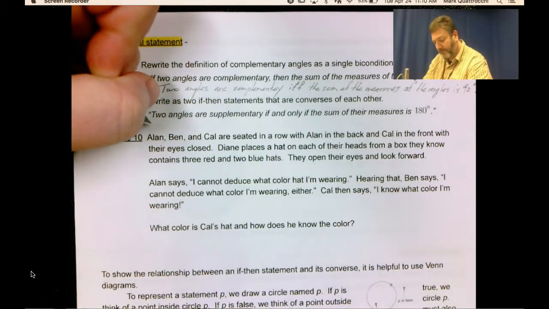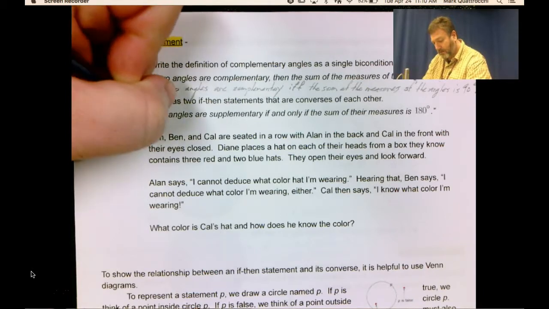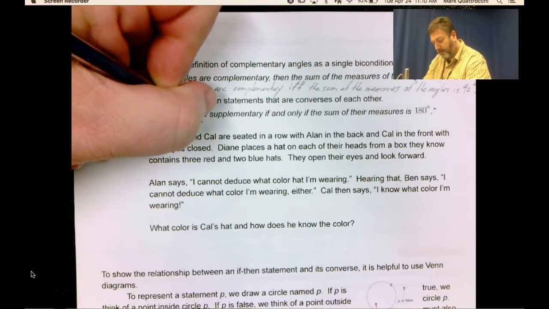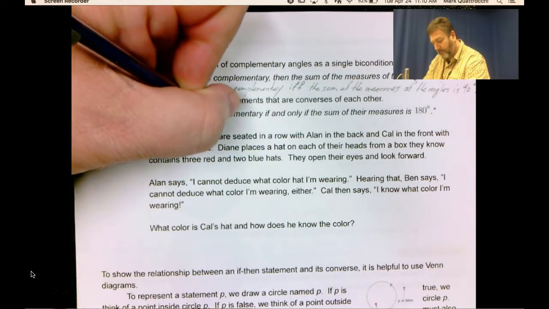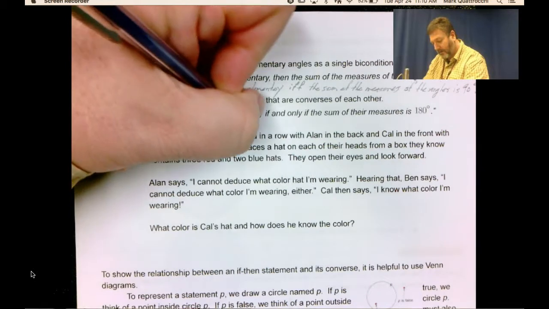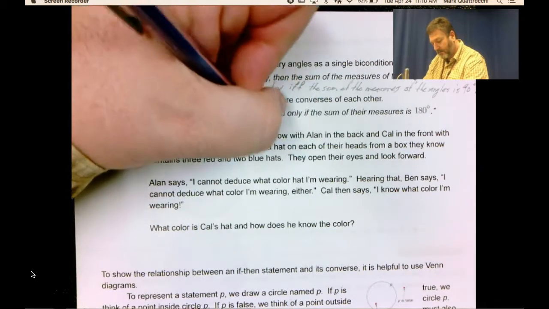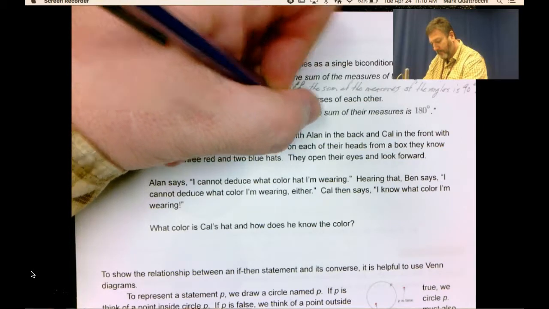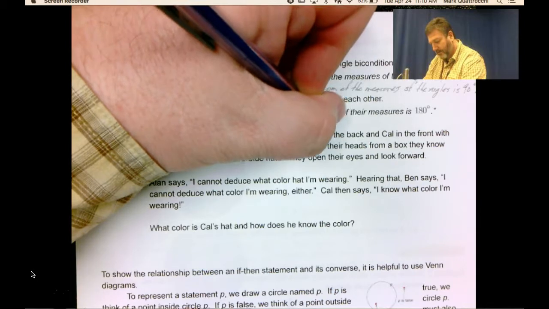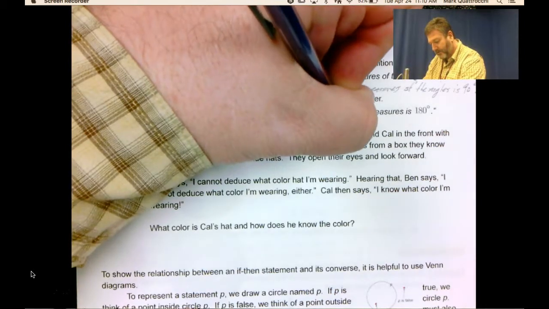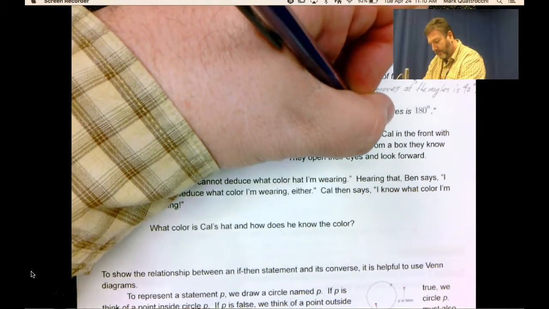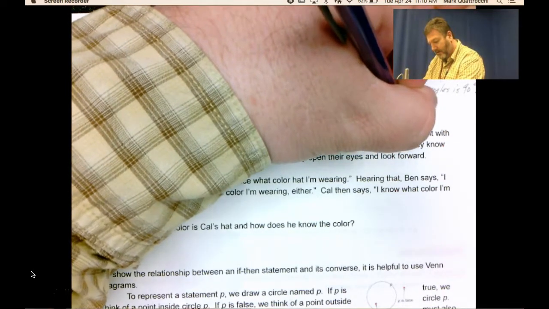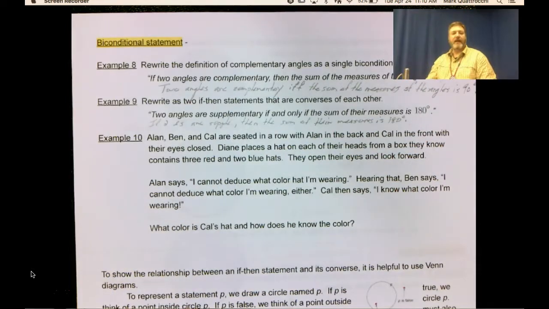So, if two angles, we use some abbreviations here, are supplementary, then the sum of their measures is 180 degrees. So we'll say that one's the conditional statement.